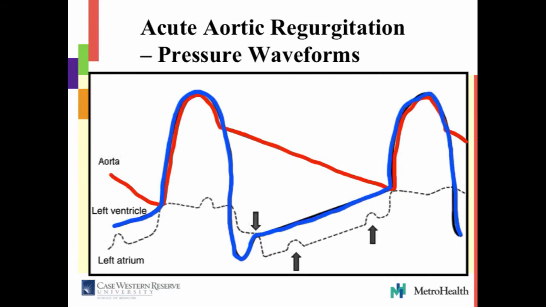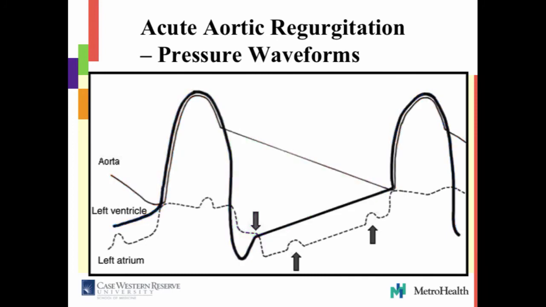You see that there is continuous, this is diastole here, there's continuous blood flow between the aorta and the left ventricle. So look at what's happening with the left ventricular end diastolic pressure. It rises rapidly until it reaches the aortic end diastolic pressure. So basically what this means is that the left ventricular end diastolic pressure is equal to the aortic diastolic pressure.